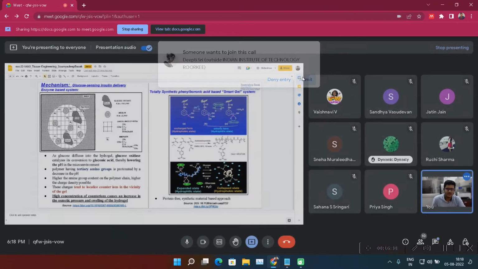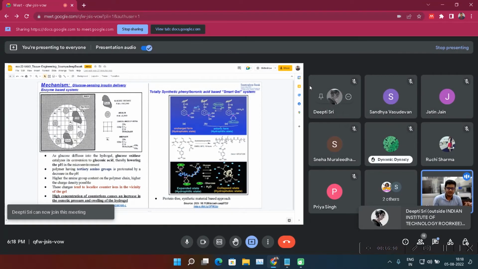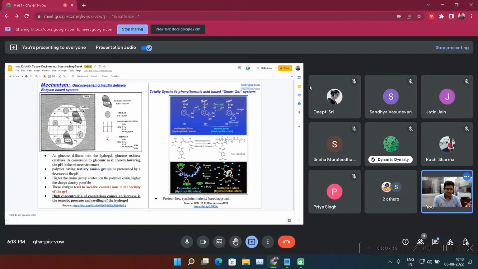So the other form of counter ions, that is the anions, would also try to come in to reduce that charge because our system wants to be neutral, right? So the anionic or counter ion concentration increases inside or around the hydrogel system. This high concentration of counter ions leads to an increase in the osmotic pressure. Right. So the amount of water and counter ions will increase and the osmotic balance is changed.